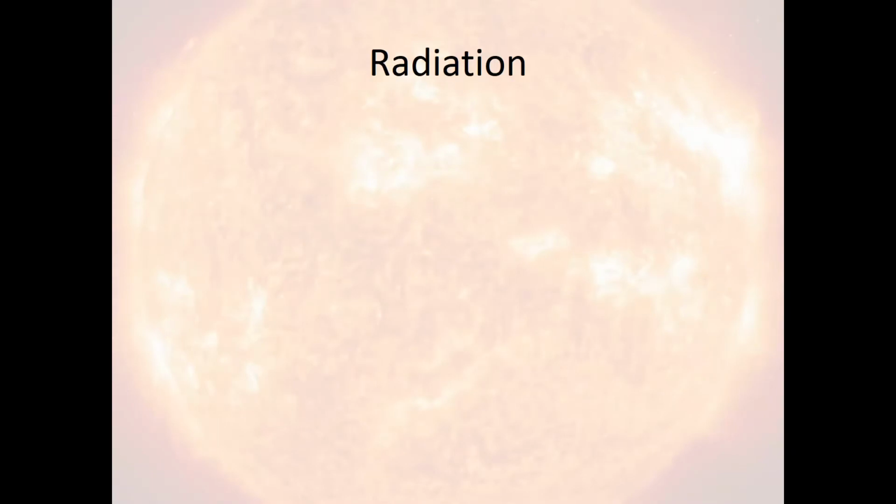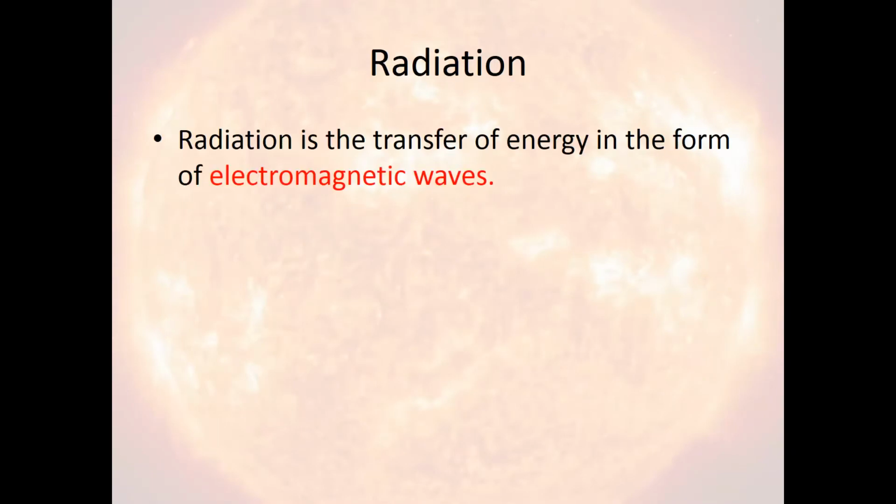Well, radiation is the transfer of energy through open space or through almost any medium in the form of electromagnetic waves. So rather than using some kind of intermediate object or fluid, radiation uses electromagnetic waves, which are beams of energy.